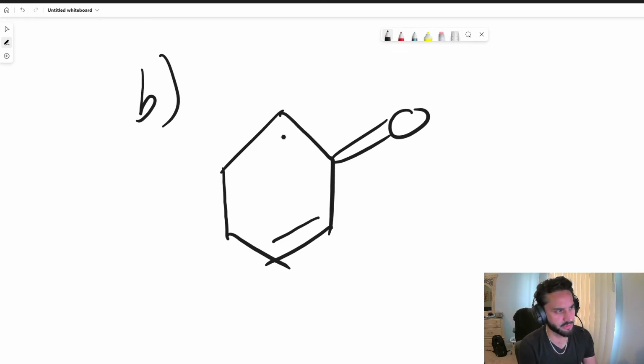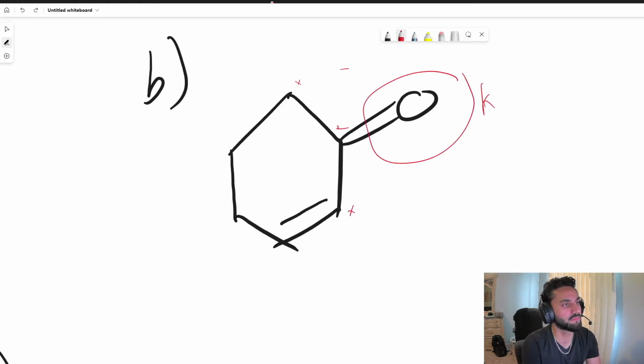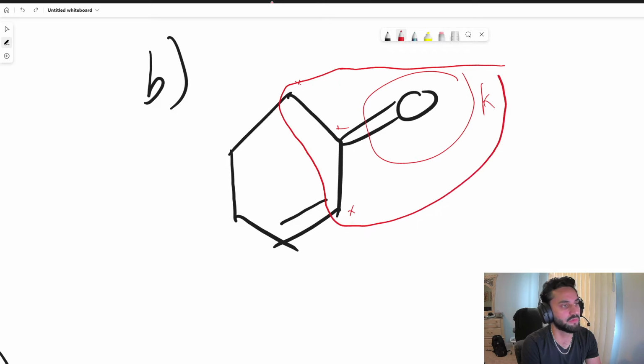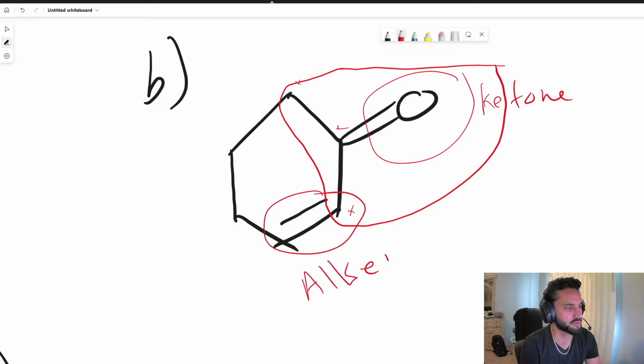It's a cyclohexane ring, which has an attachment to this functional group. I want to mark this whole thing as a ketone. And then here we have an alkene functional group. Okay, let's move on to the next one.